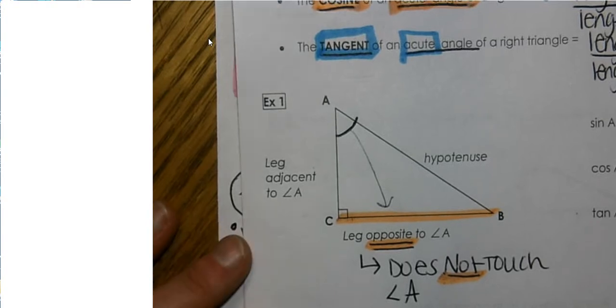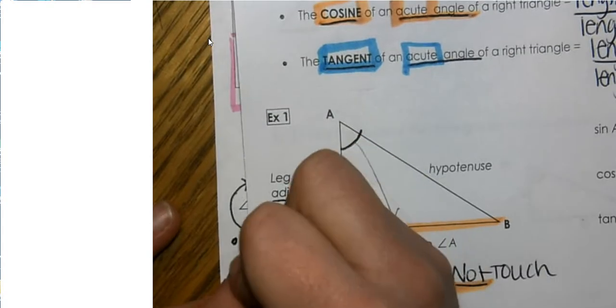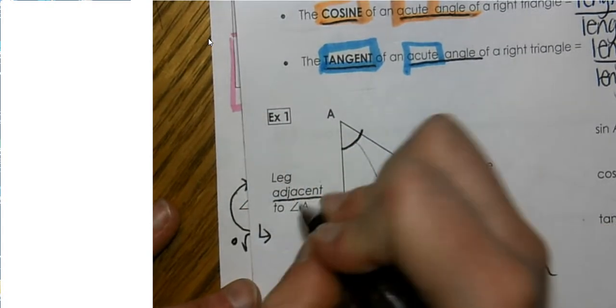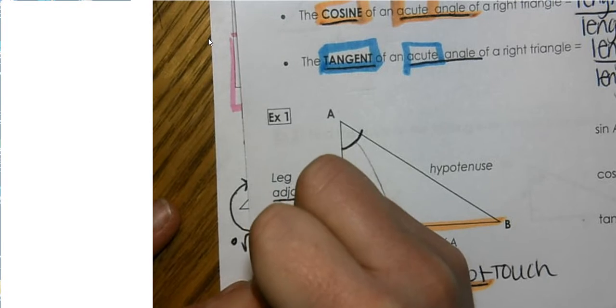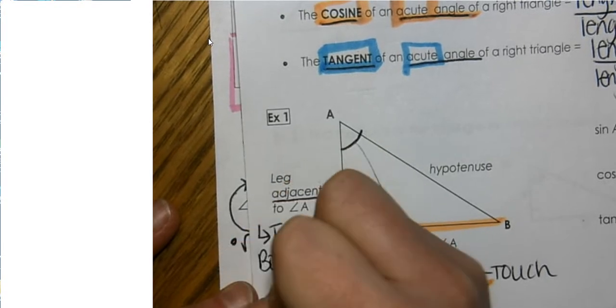The adjacent leg is the leg that does touch angle A, and it also touches the right angle. So that's something I want you guys to write down. This leg or this side touches both angle A and the right angle.